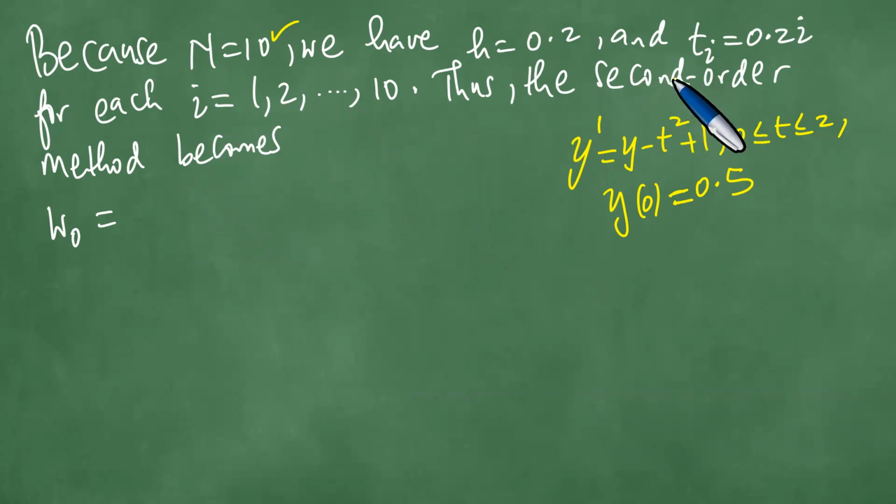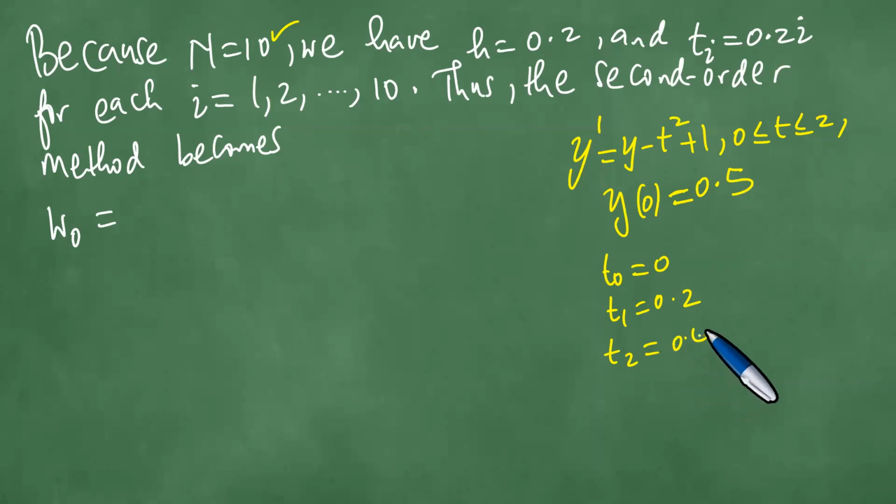So it means you would need 0.2 plus 0.4 plus 0.6. Okay, you start at 0. T0 is 0. Then there's T1, 0.2. You add 0.2 just to understand why the n is 10 and so on. T2 is 0.4. T3 is 0.6.